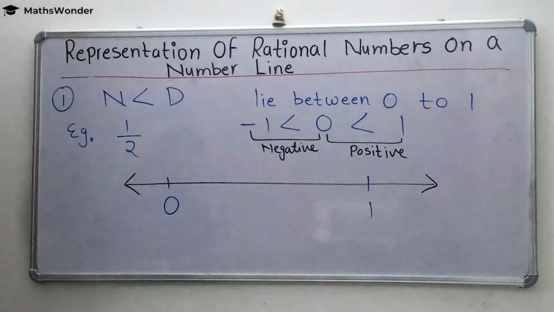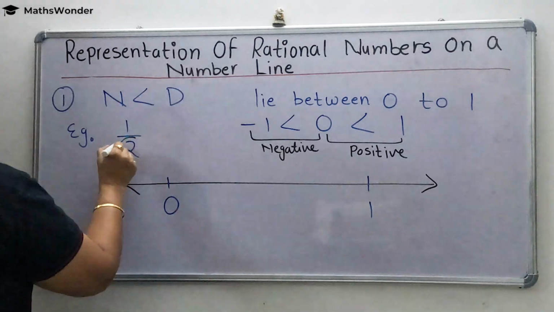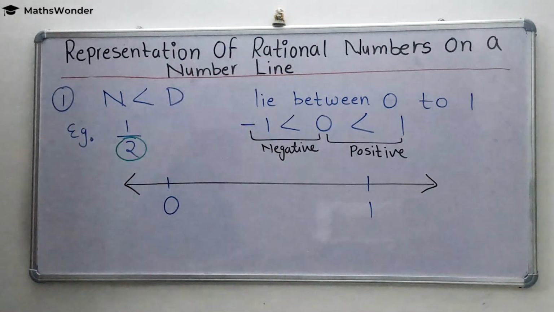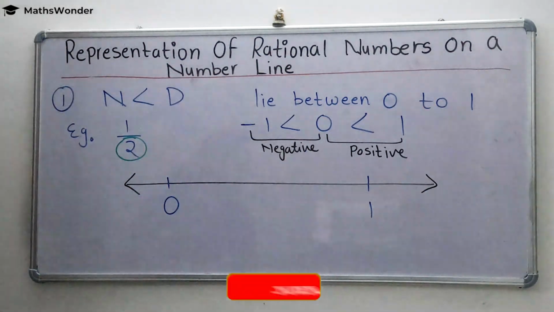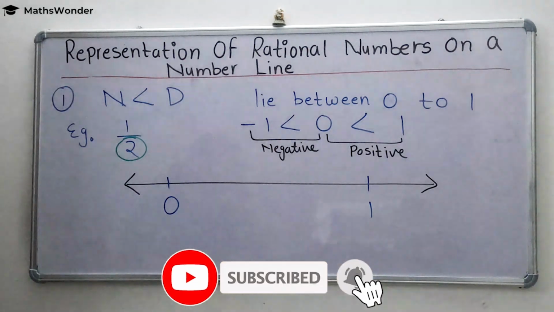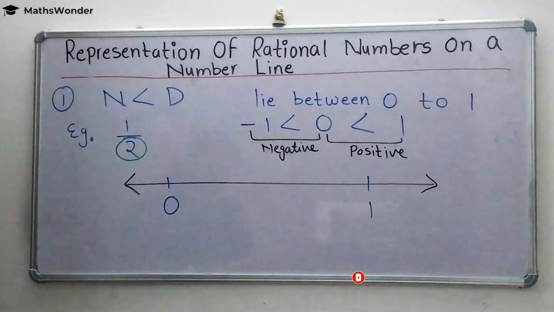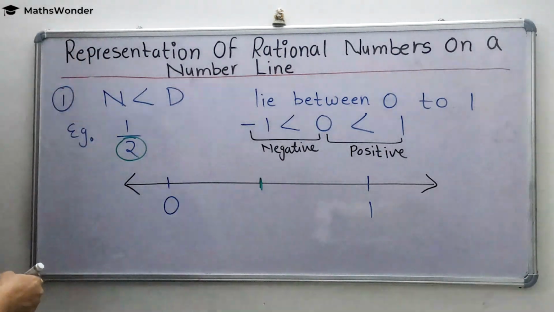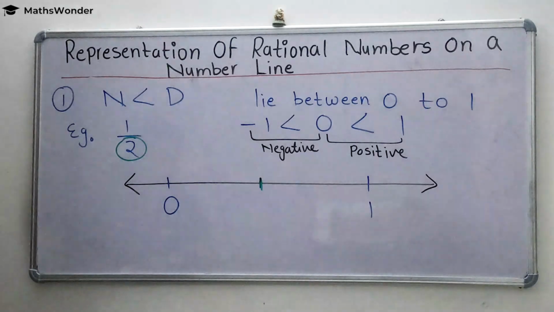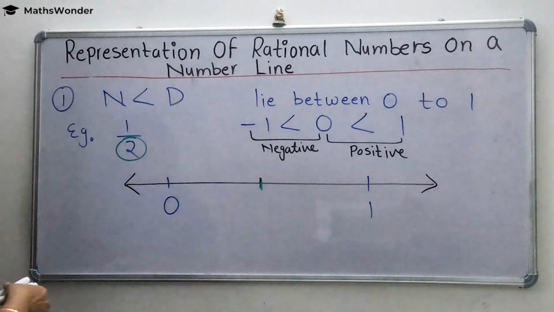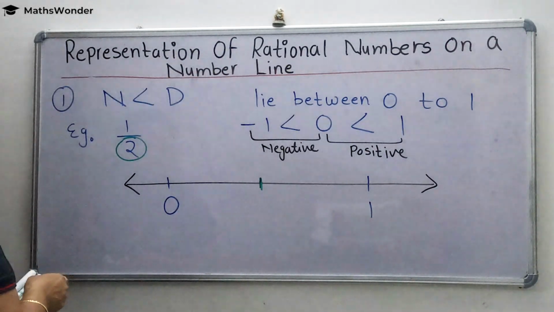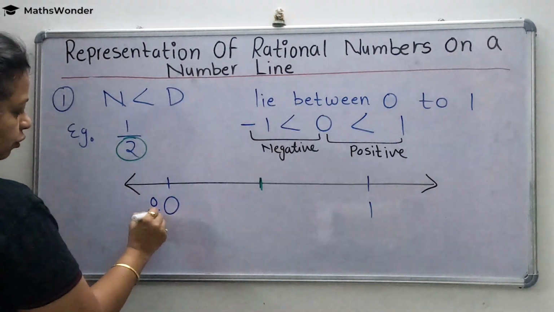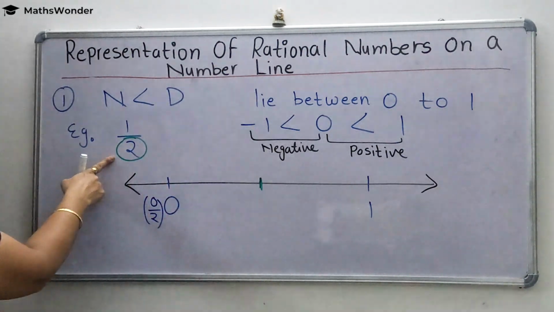Now in the positive 0 to 1, you first check what your denominator is. Your denominator is 2, so you divide your number line into 2 equal parts. So 0 and 1 you divide into 2 equal parts, and start with 0 over 2, because 2 is the denominator given in the question.